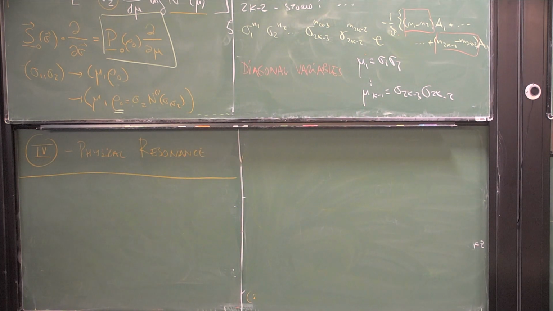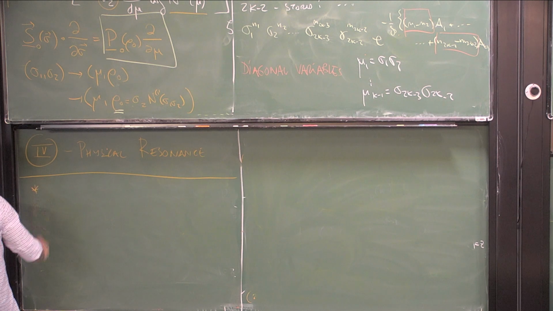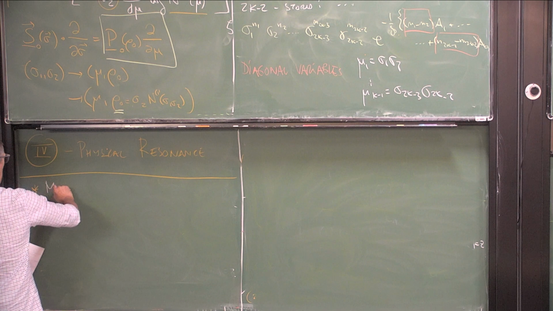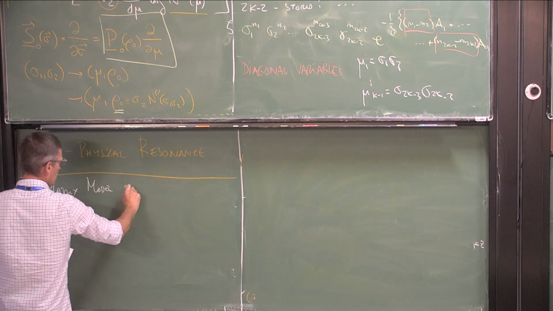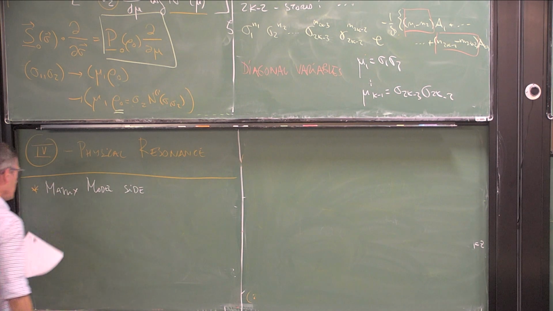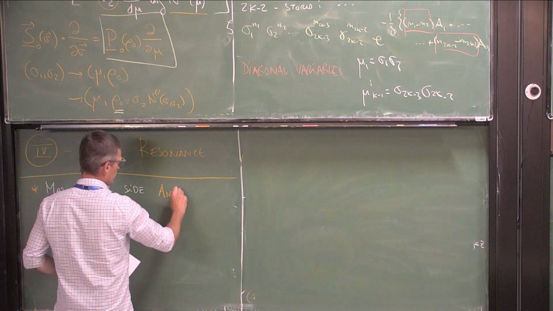So is there any physical reason why this is the case? So let me just say 2 words about it. On the matrix model side, there is a reason for resonance, which is the existence of what we call anti-eigenvalues.